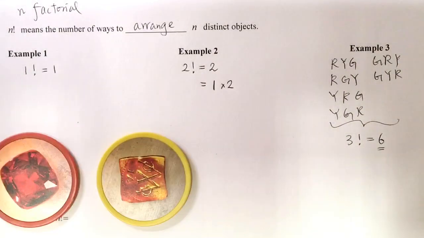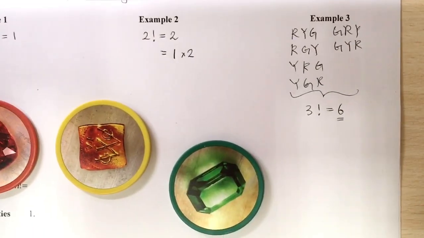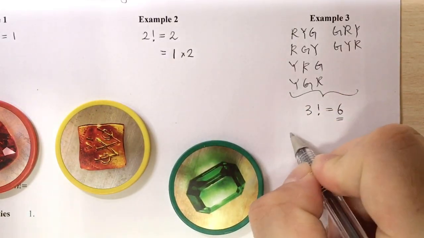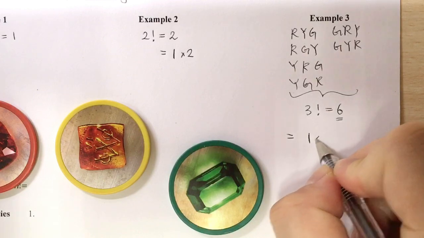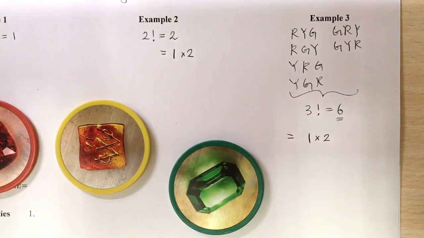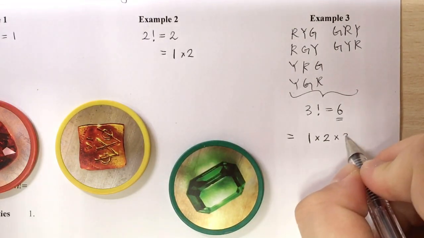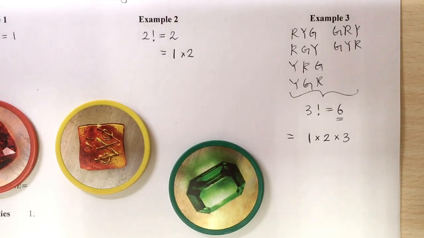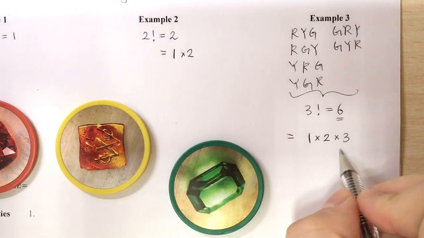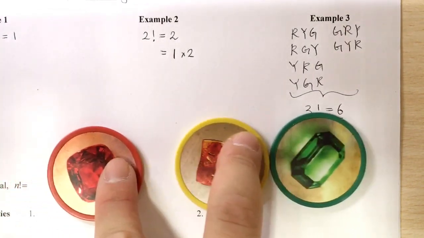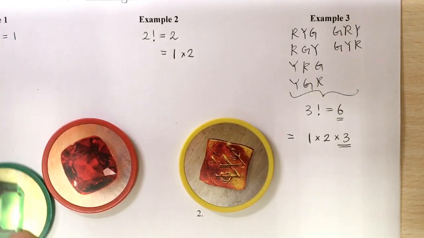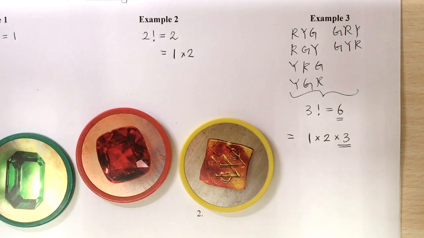So for the third object, these 3 factorial can also be obtained by starting from the first object, having the second object placed, and also the new third object placed on the right, in the middle, or on its left.